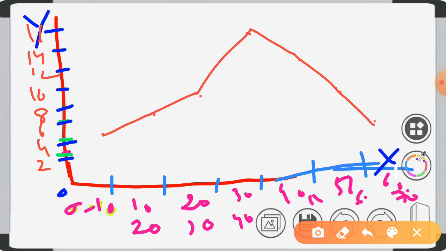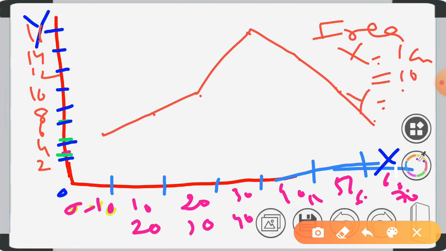Here, on x, 1 centimeter equals 10 marks, and on y, 1 centimeter equals 2 students. So same, this is the frequency polygon.